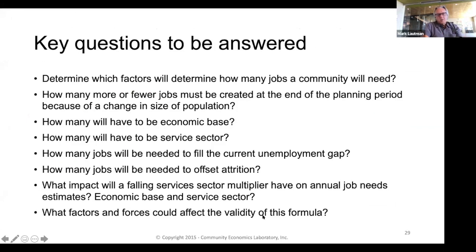Okay, so these are the questions that we're going to try to answer during the needs assessment. So we're really looking for how many actual economic-based jobs we need to create in the next 5 years to get to full employment. And this is a really important number to carry around as a community and put out there, because it sets the goal.